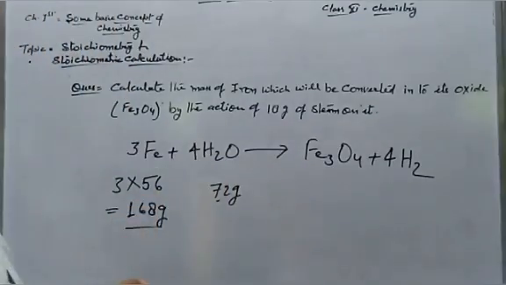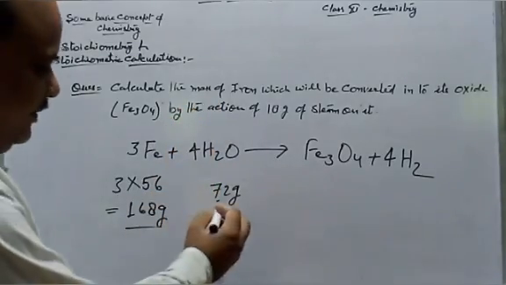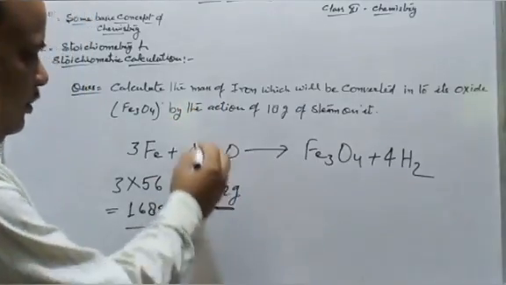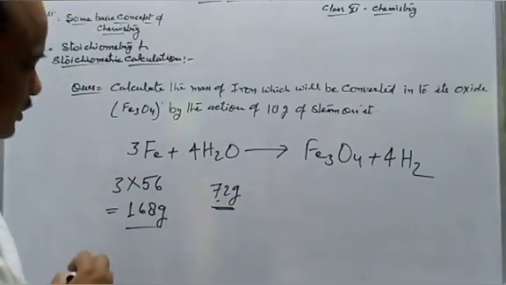So we can solve this question by using the unitary method. 72 gram water vapors react with 168 gram of iron.